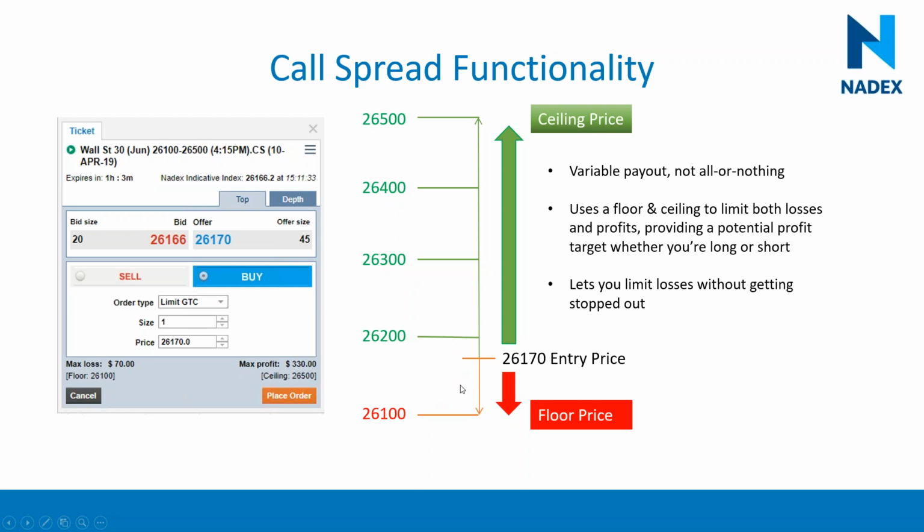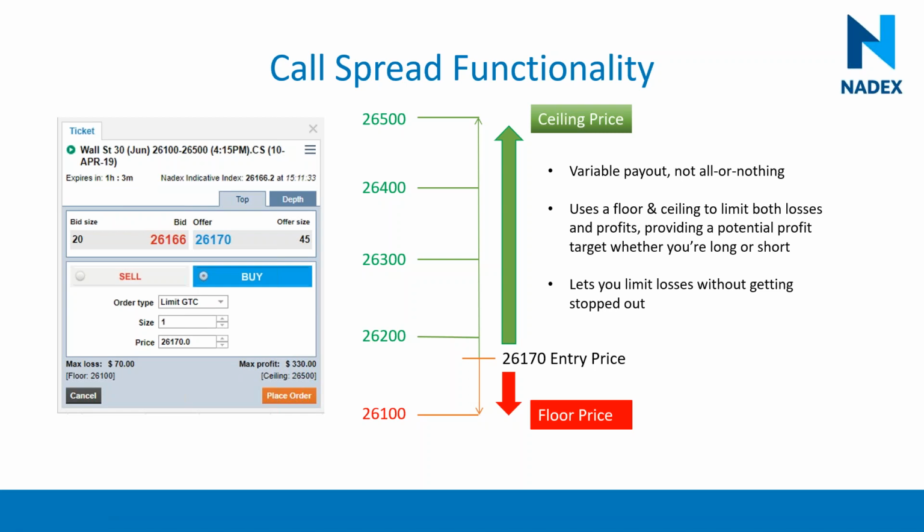But the reason people are willing to do this is, let's say that I get in early in the day, and the market's sitting here, and all of a sudden the market drops down to 26,080, right? It's below my floor. If it stays there, I'm taking my maximum loss, right?